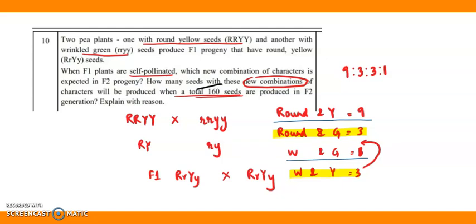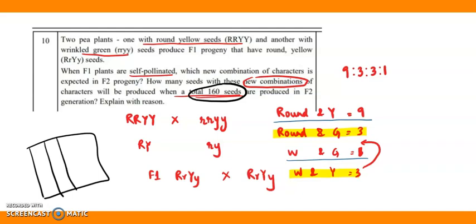They have given us the case of 160 seeds. In the F2 generation of the dihybrid cross, in the Punnett square we got 16 individuals, right? Overall, how many individuals did we have?